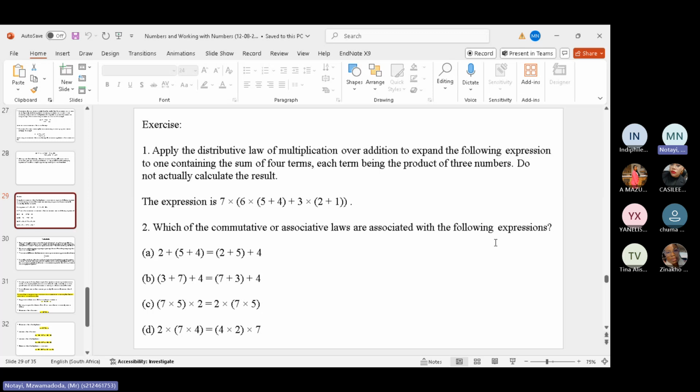Can you take a screenshot of that, and then determine which of the commutative or associative laws is associated with each of those. I want us to move on.